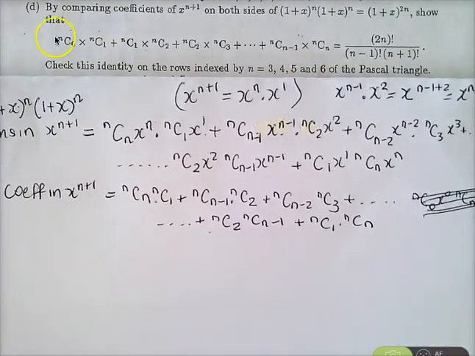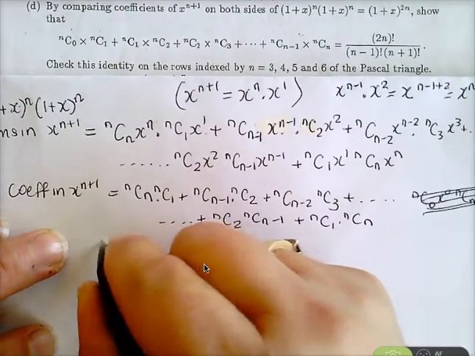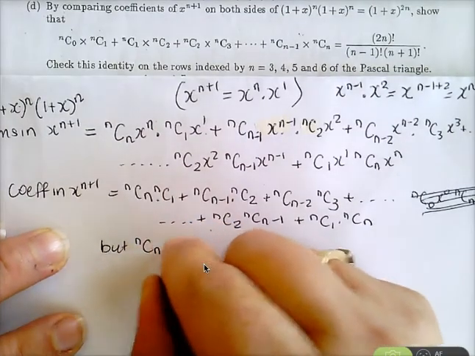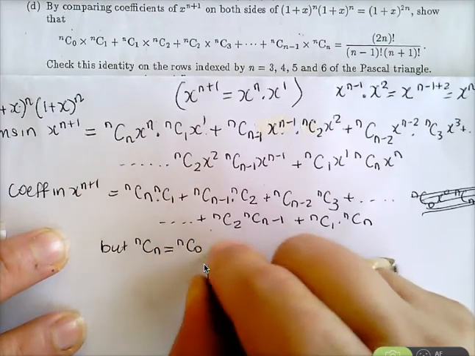Okay, girls, when we compare our first term with theirs, it's not the same. We've got n choose n times n choose 1. They've got n choose 0 times n choose 1. When we compare our second term, it's not quite the same. They've got n choose 1 times n choose 2. We've got n choose n minus 1 times n choose 2. So we use the rule that n choose n equals n choose 0.